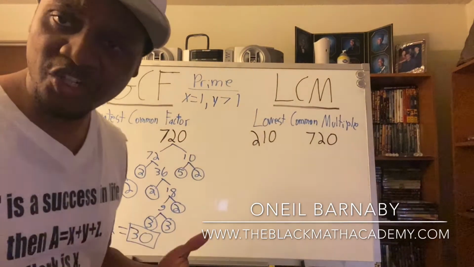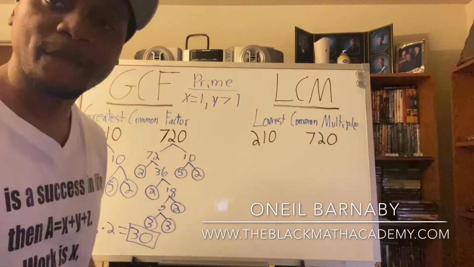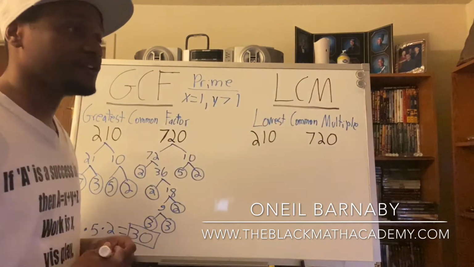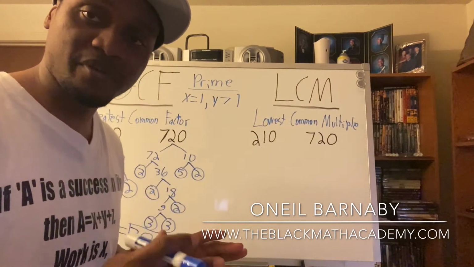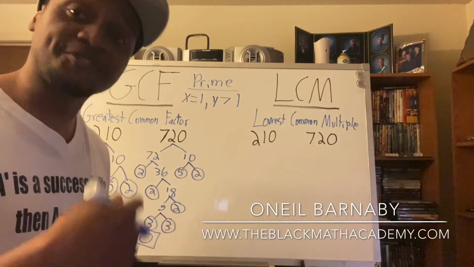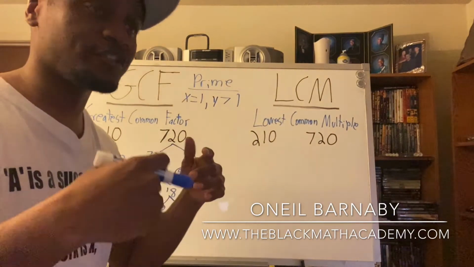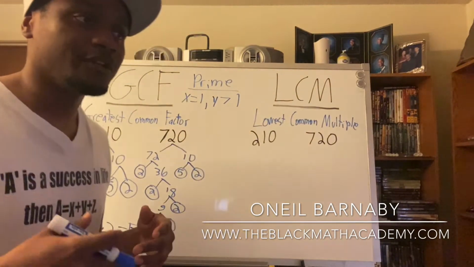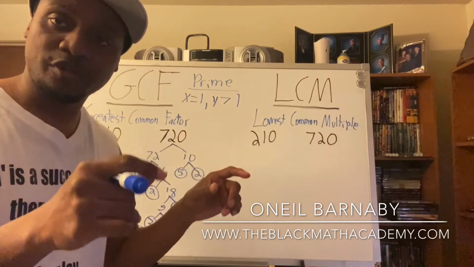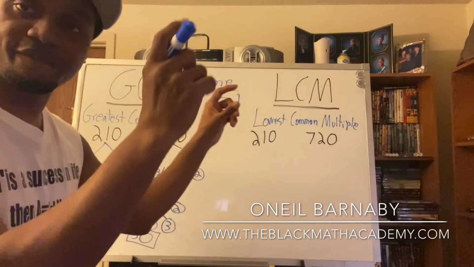Right? One other neat trick that's also helpful for problems like this is that when you do the factor tree, if they don't have any common factors at all, the GCF happens to be 1, because typically it occurs when you are doing the factor tree for 2 numbers that are both prime numbers. So let's say a 7 and a 5.